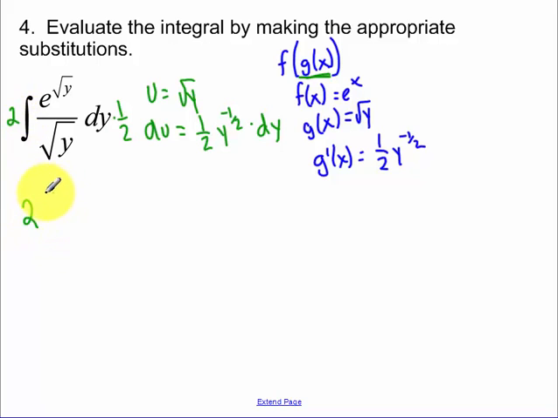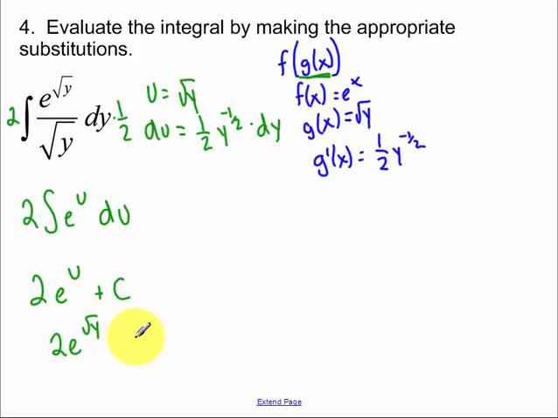So I have 2 times the integral of e to the u du. So in this case now, we integrate. Integral of e to the u is e to the u plus c, and then you need to substitute back in your e to the what your u was. Now take the derivative of that. You should again get back what's inside our integral.